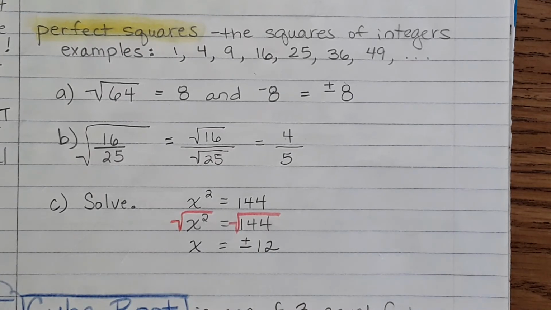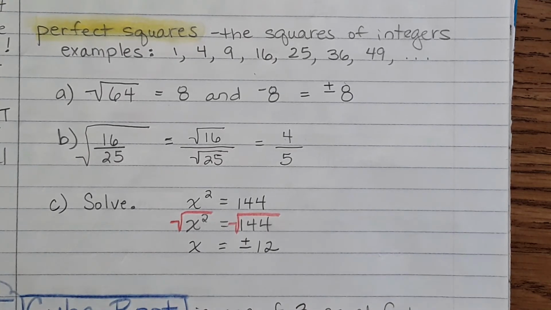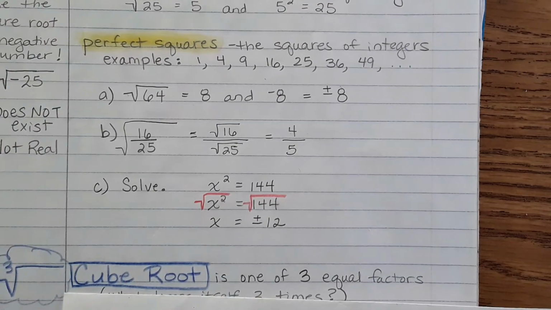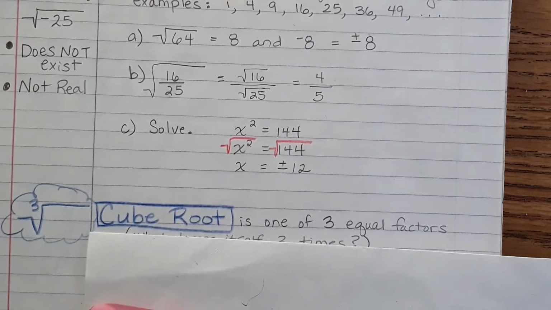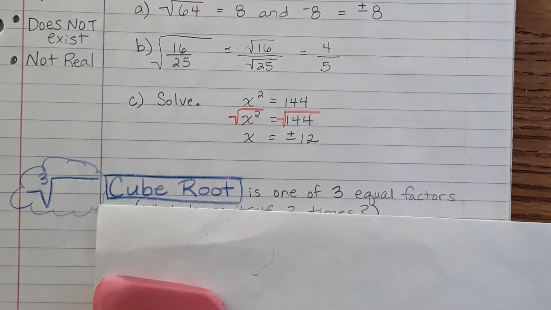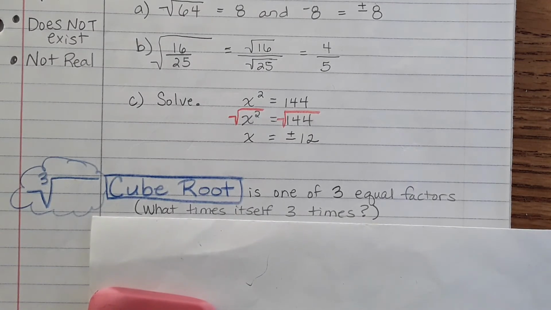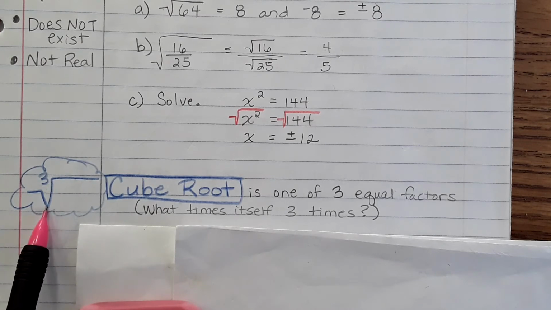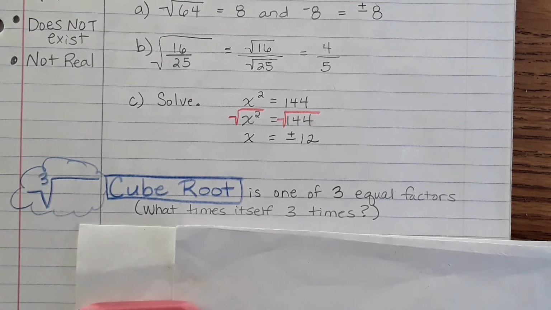Let's continue on with cube root. So square root is one of two equal factors. Cube root is one of three equal factors, or what times itself 3 times. Notice it is the same radical symbol, but with a little 3 to the side.